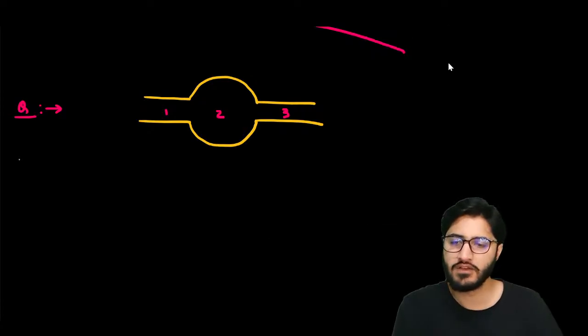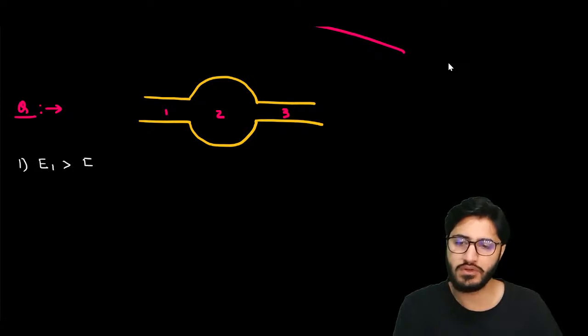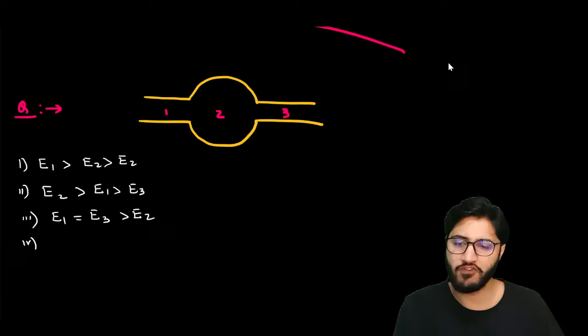First option: electric field 1 more than 2 more than 3. Second option: electric field 2 more than 1 more than 3. Third option: electric field 1 equals electric field 3, more than electric field 2. Fourth option: electric field 2 more than electric field 1 equals electric field 3.